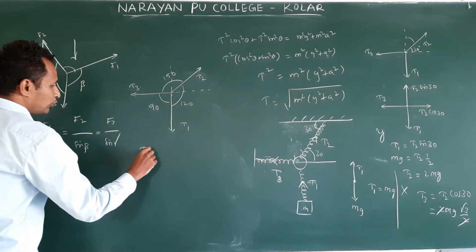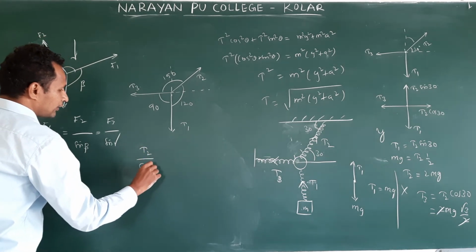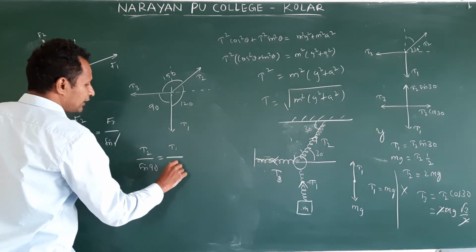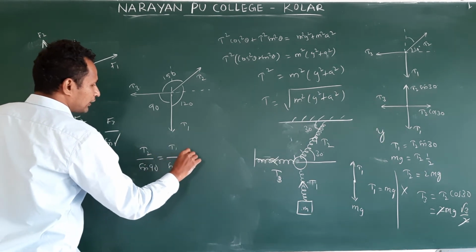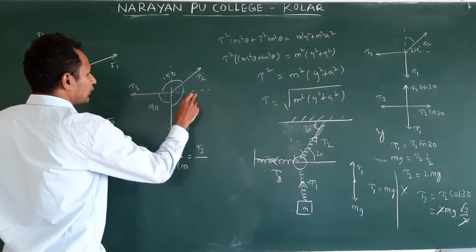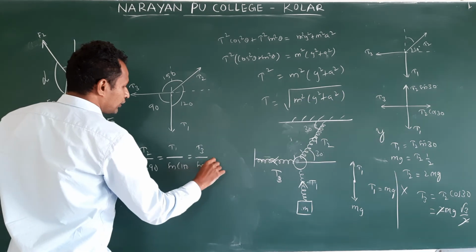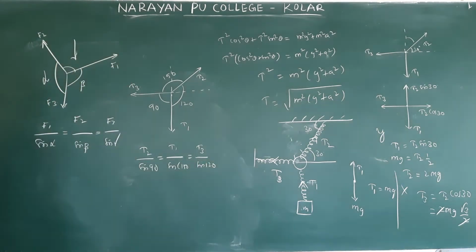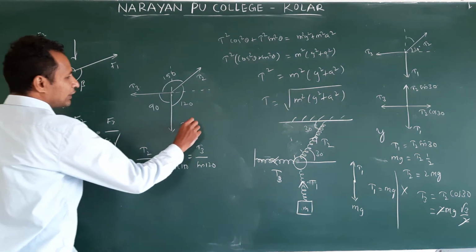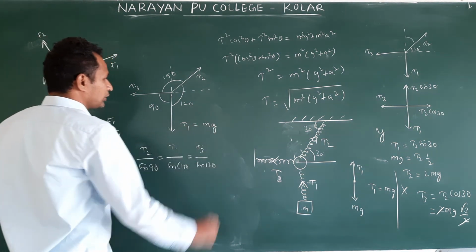So T2 by sine 90 is equal to T1 by sine 150 is equal to T3 by sine 120. Okay? Already the T1 value is known. What is that? T1 is equal to mg.